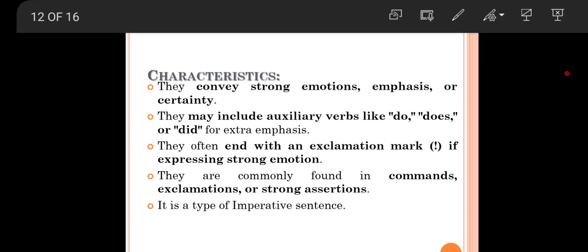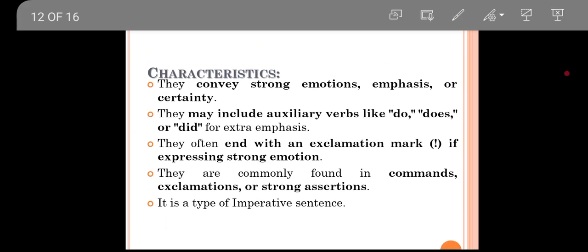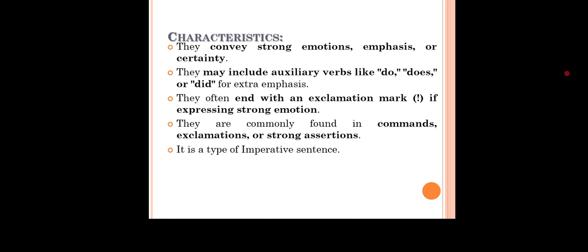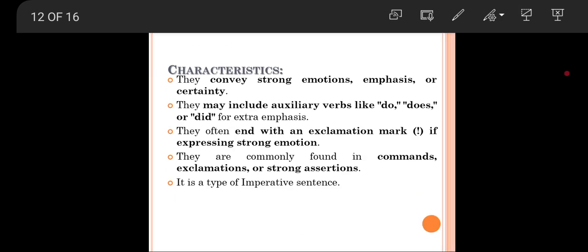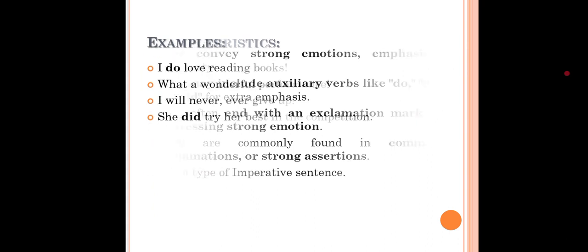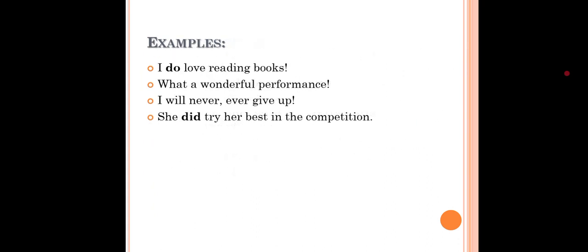See the previous examples. Here you can see I used some do verbs like do, did. But why did I use this? I could say I love reading books, or she tried her best.